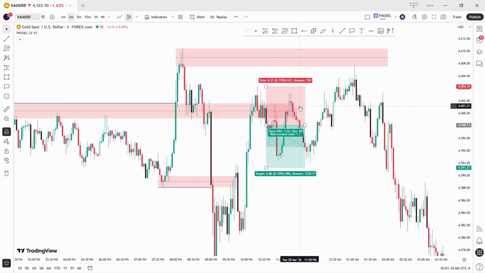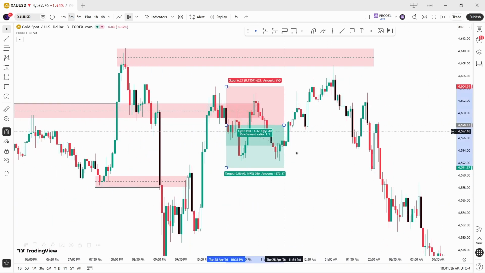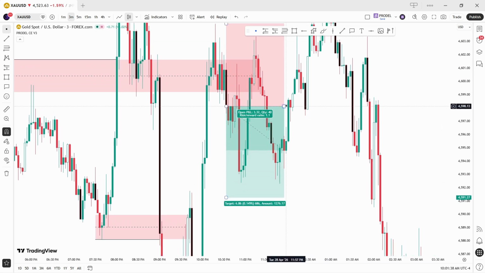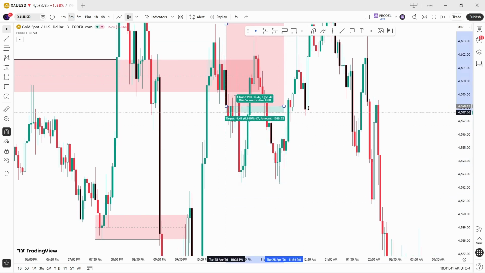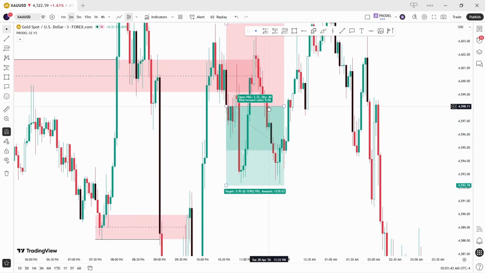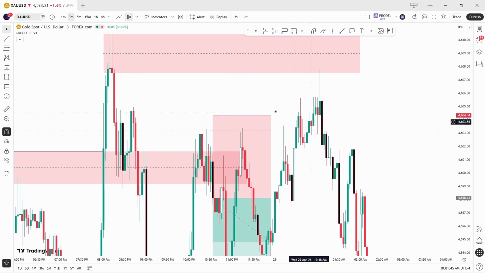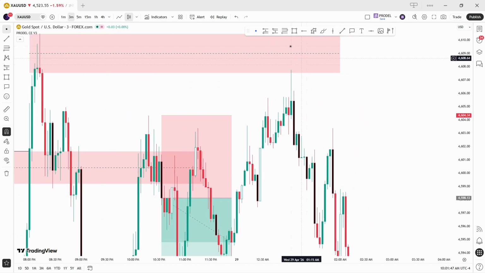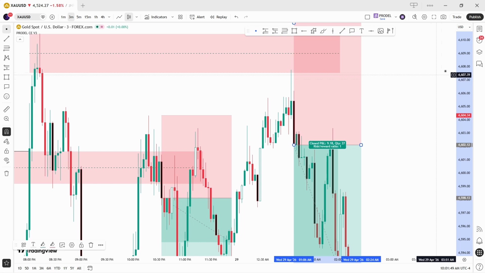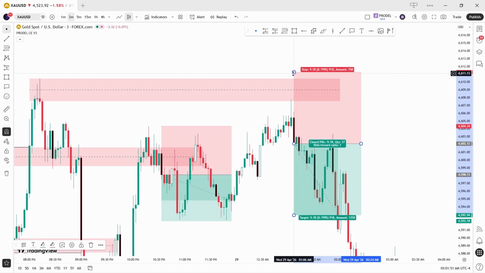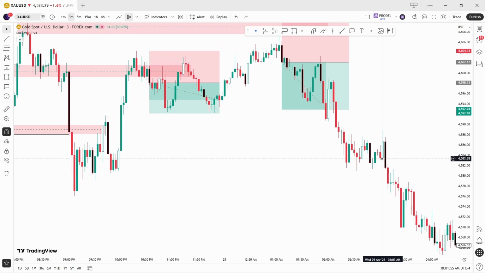I put my take profit at this level like this, and it successfully hit my break even here. After that, it reached the FX level, and it gave my black candle confirmation here like this, and I put my SL at this level.